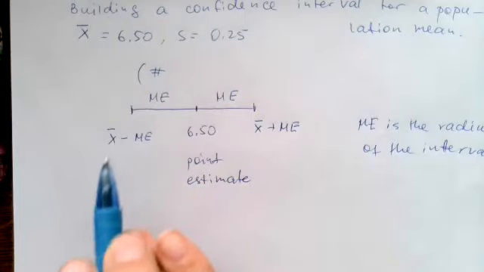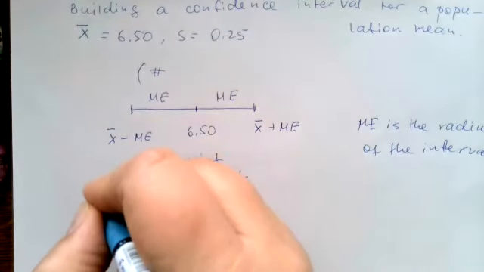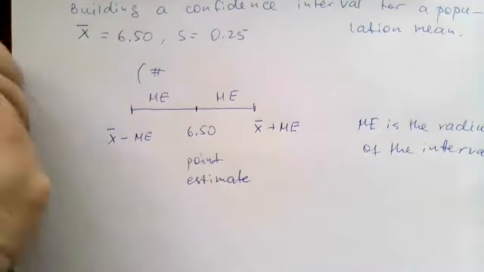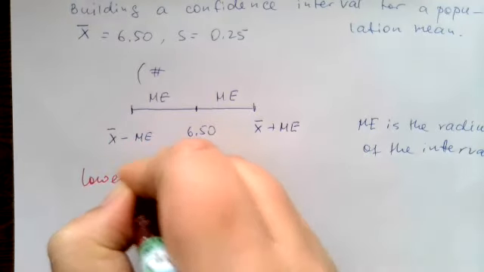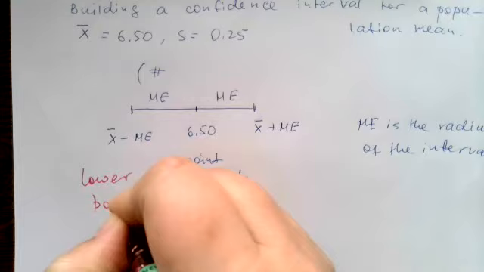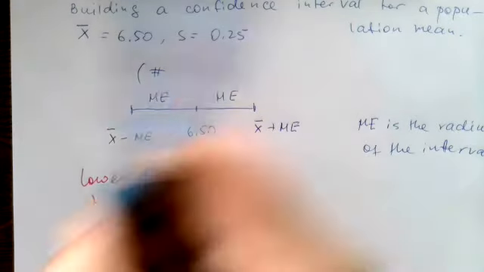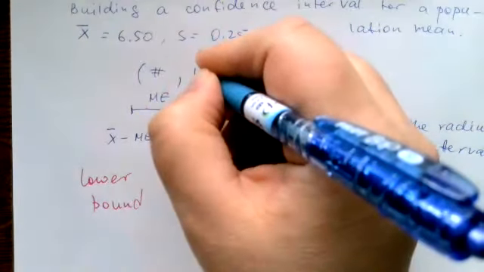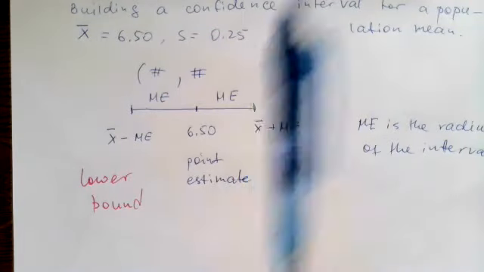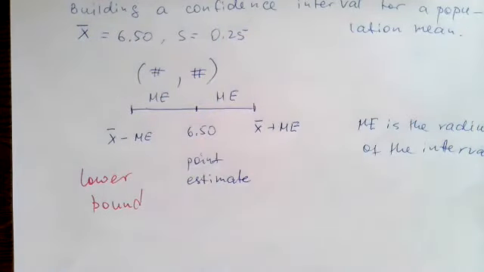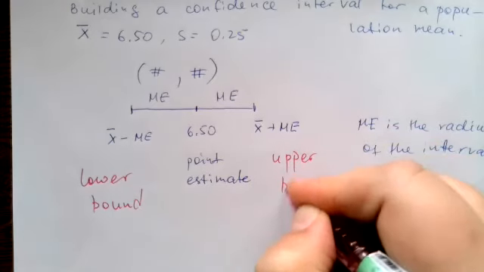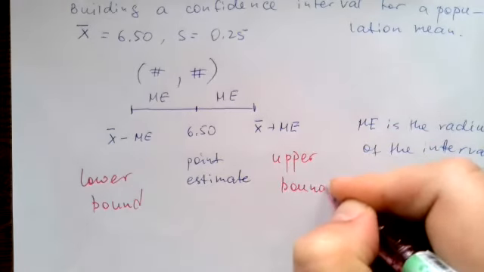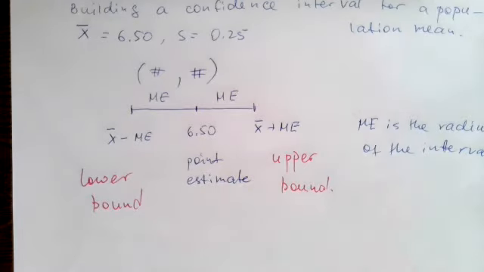This number is called the lower bound of the interval. Then a comma and our value on the right, which is called the upper bound of the interval. So that's another way to write it.